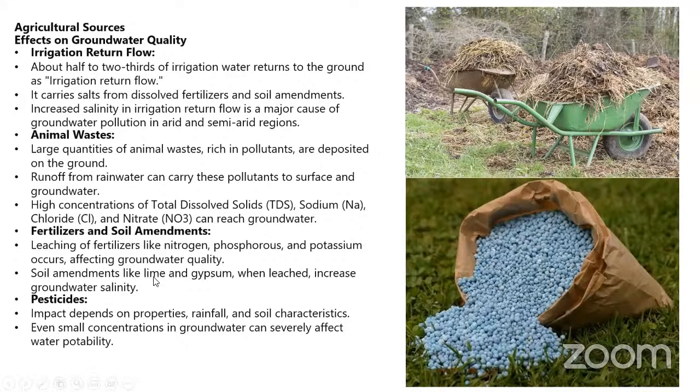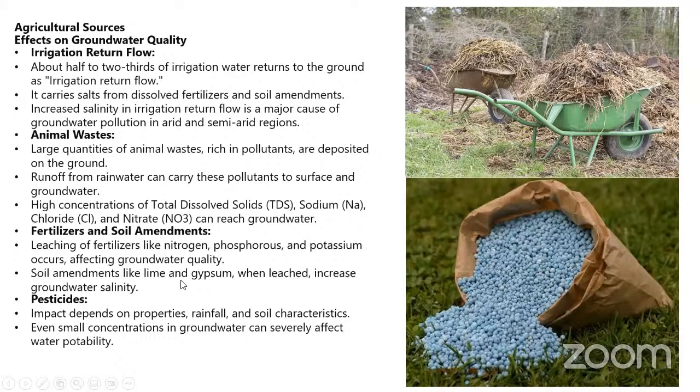Soil amendments like lime and gypsum, when leached, increase groundwater salinity. So these are the main pollutants of agriculture activity and animal waste.